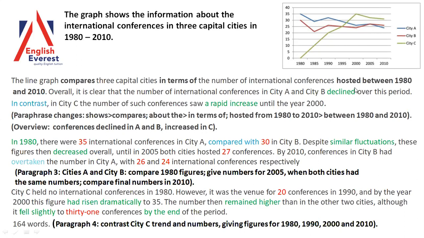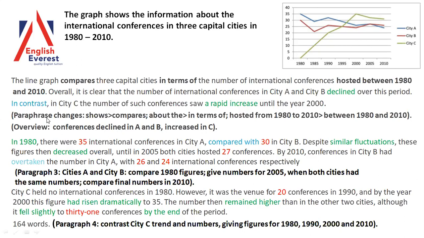In contrast, in City C, the number of such conferences saw a rapid increase until the year 2010. Remember, we're not giving all the data, we're saying what we can see. We look at the graph and we just make a sentence or 2 about what we can see. We can see that A and B went down and C went up quite a lot.